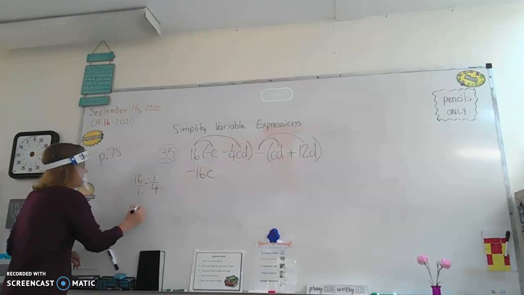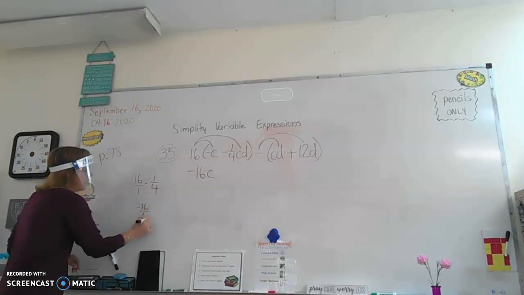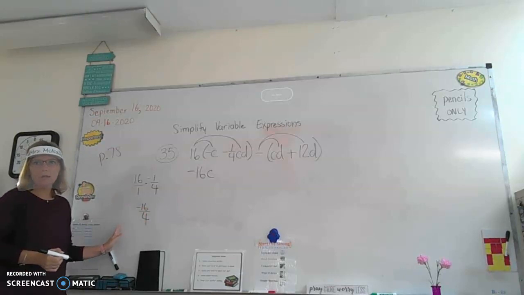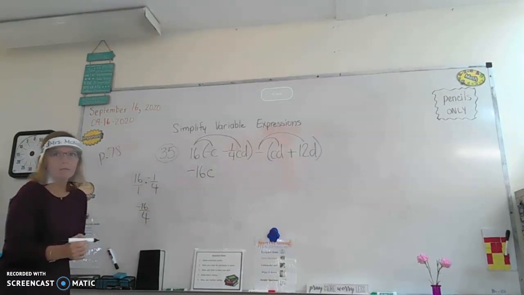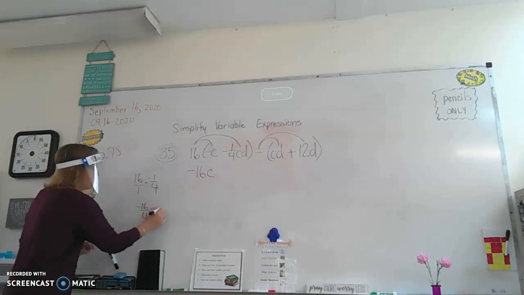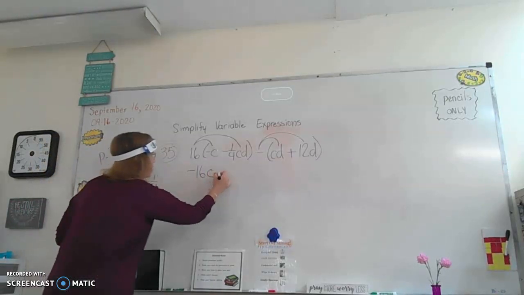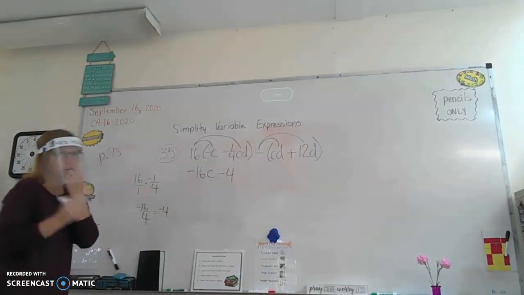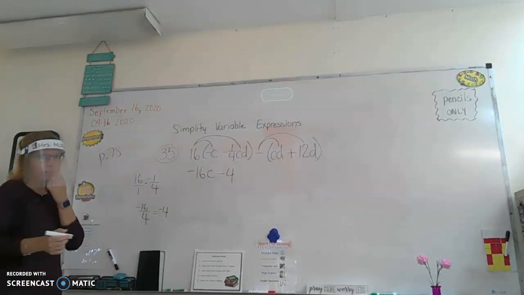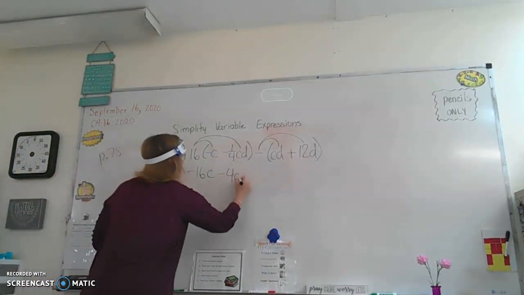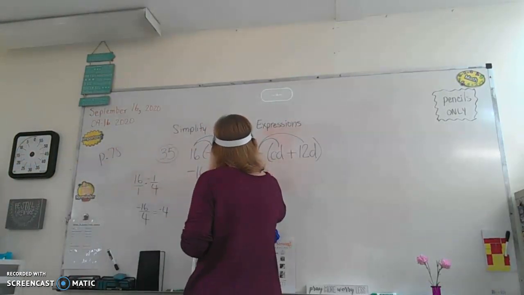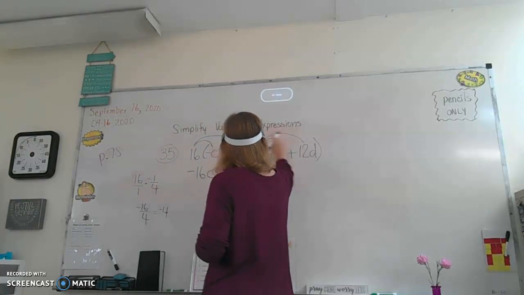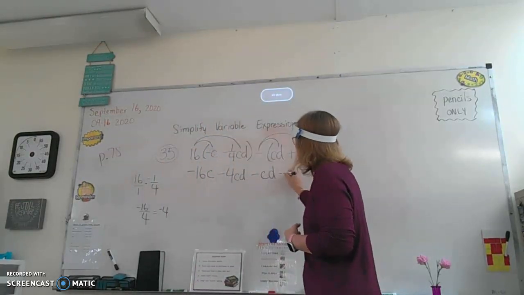So it'll be 16 over 4, and then that equals what? Negative 4, yeah. Okay? So that's all you're doing when you are dividing or multiplying by a fraction. And now this one's negative 1, and then you're going to bring the CD down. So negative CD, and then negative 12D.